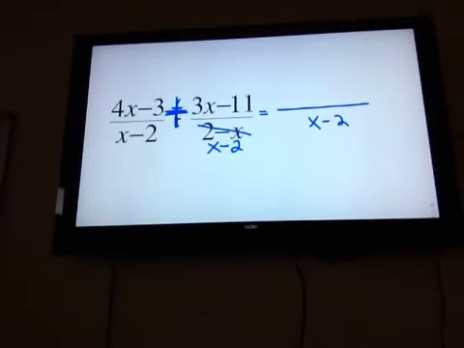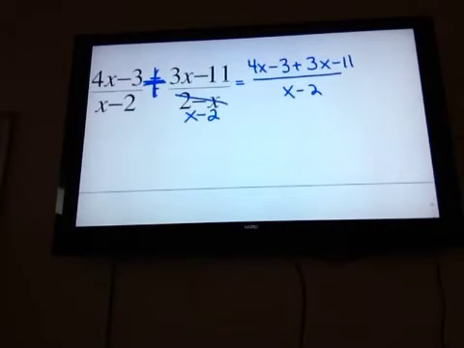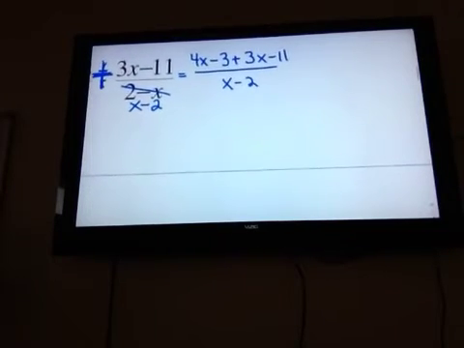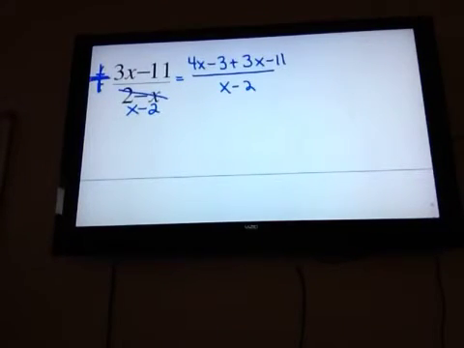Bring my numerators over. 4x minus 3. We don't have to worry about any sign changes because it is addition. So plus 3x minus 11. So now we think 3 steps. Once it's written as a single fraction, you gotta think 3. Add, subtract. Yes, I can do that. 4x plus 3x is 7x.